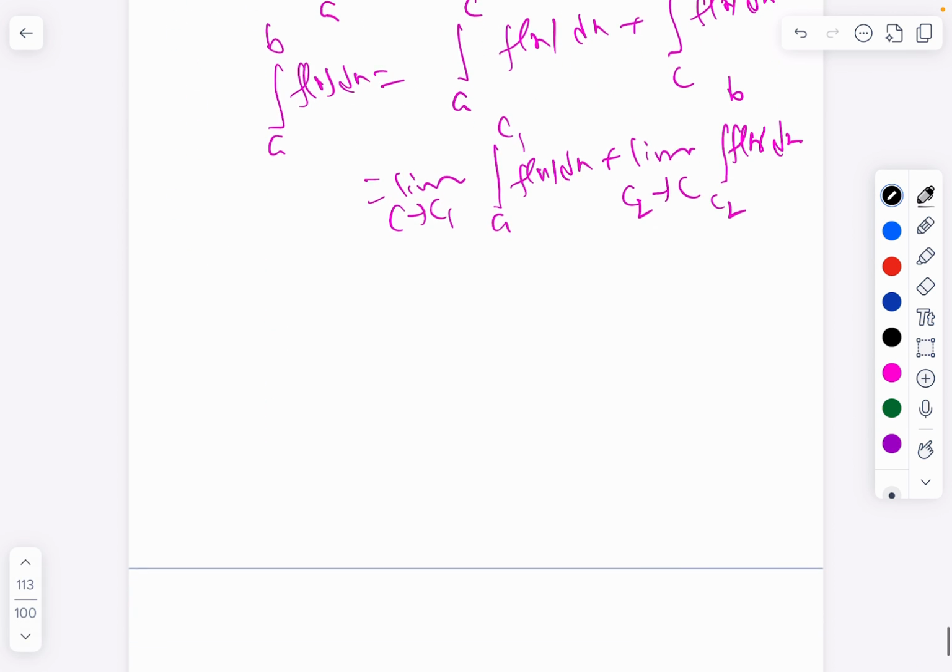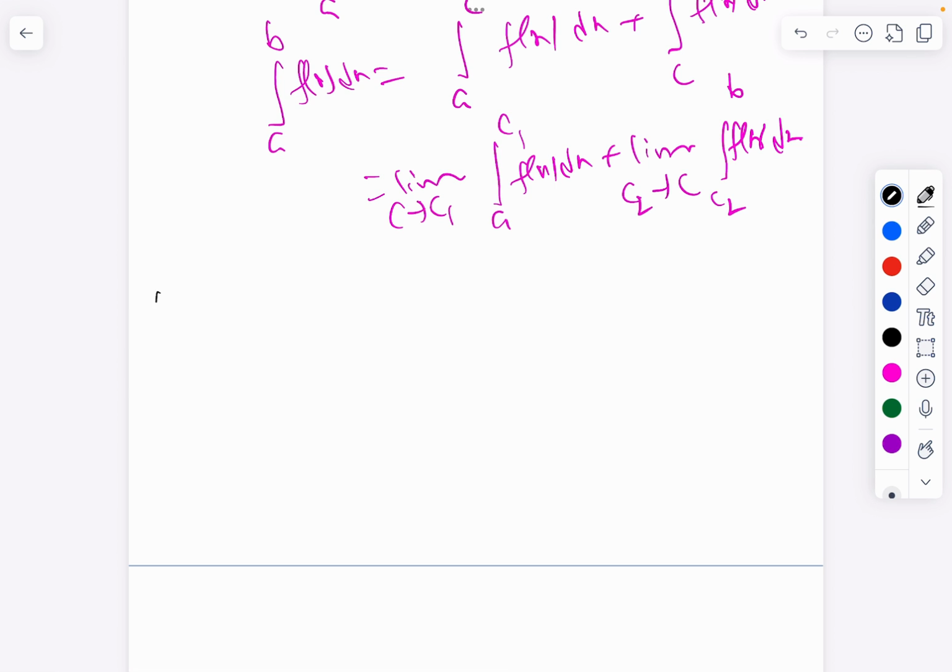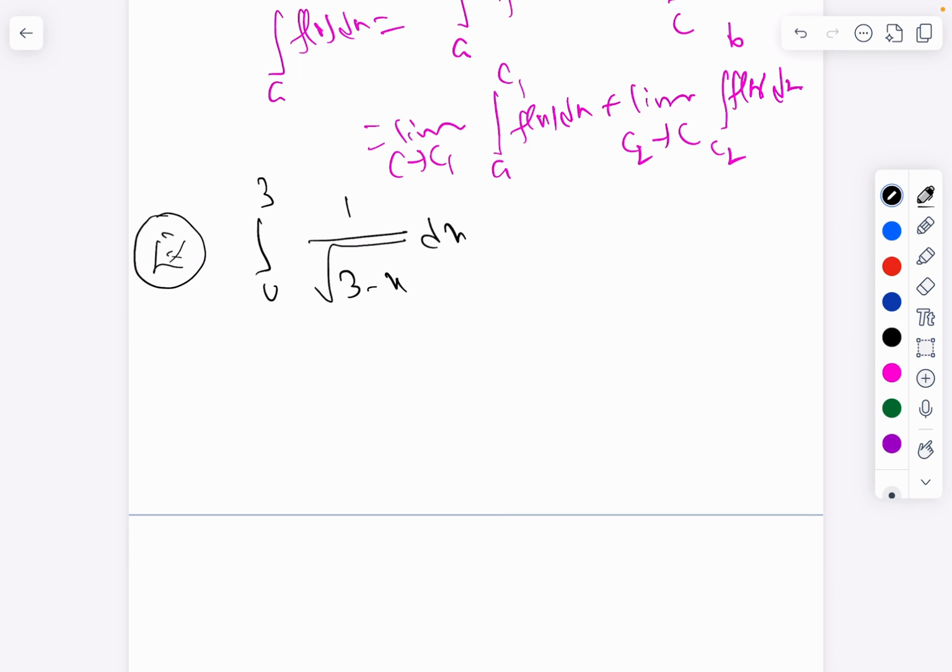So let us take one example: integration from 0 to 3 of 1 upon root 3 minus x dx. This is an improper integral of the second kind because 1 upon root 3 minus x tends to infinity as x tends to 3.